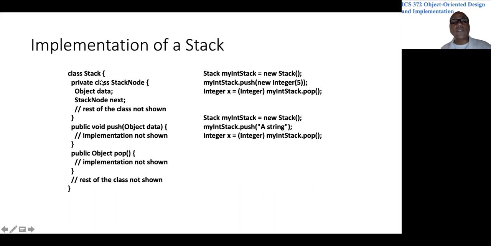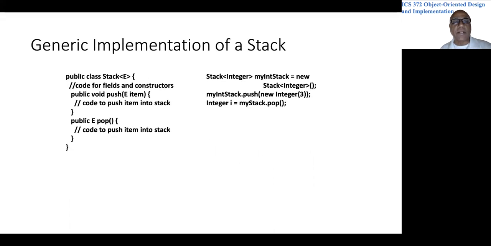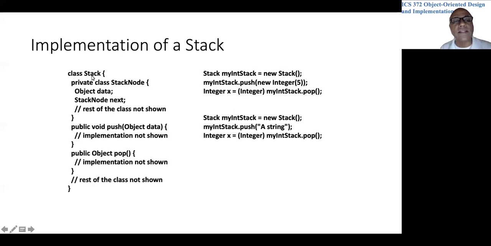So we would like to see if the stack can be created to store only objects of a restricted type. That is where generics come in. When we declare the class, we don't declare it like this, class Stack.